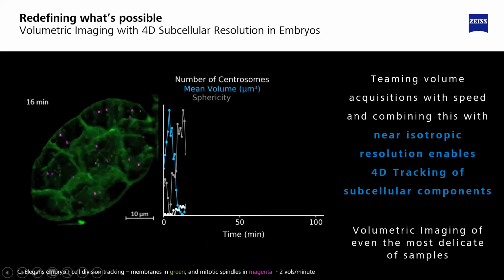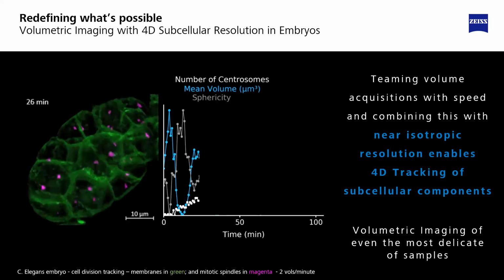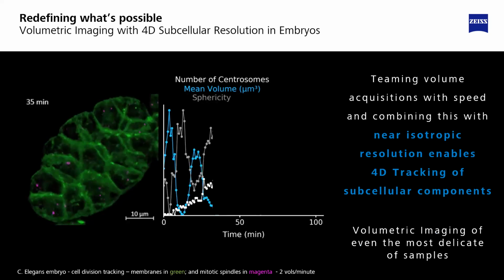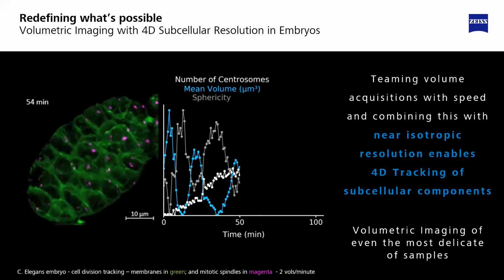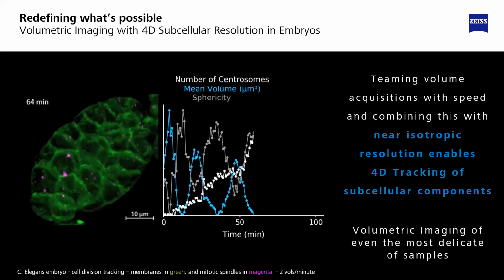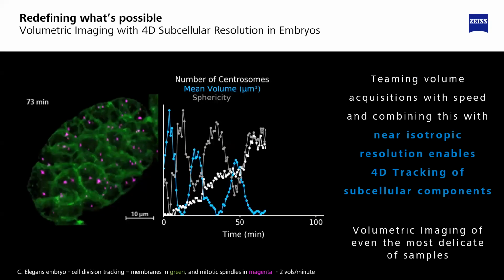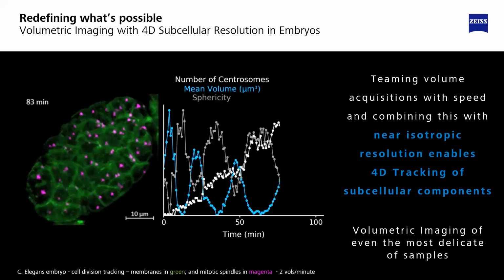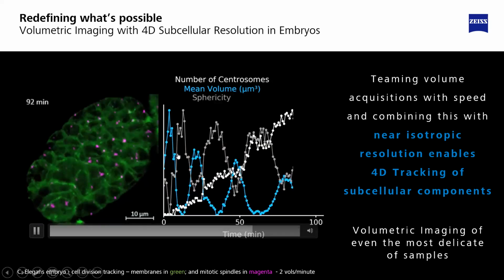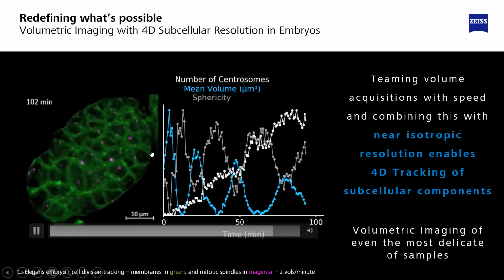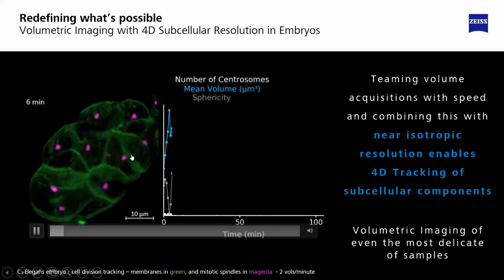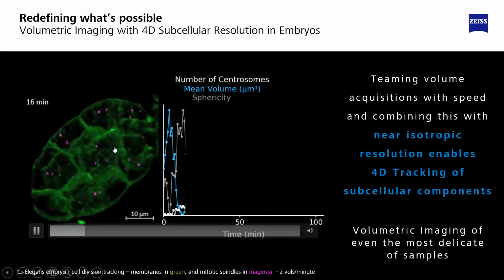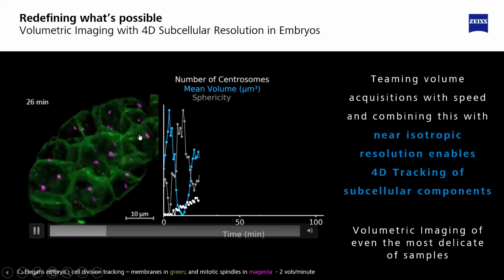Some of the benefits of the ZEISS lattice light sheet really do become extremely important during time-lapse experiments and quantitative analysis, where that isotropic resolution makes it a lot simpler and easier to do four-dimensional tracking of subcellular structures without disturbing the samples with excessive phototoxicity. So here, using the lattice light sheet 7, we were imaging an early stage dividing C. elegans embryo.